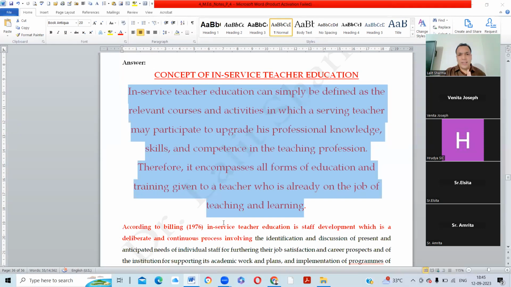In-service teachers are those teachers who are already on the job. And in-service teacher programs are the programs that benefit the in-service teacher for professional growth. Guys, learn this once, it is very easy.